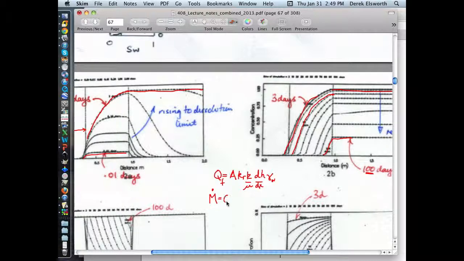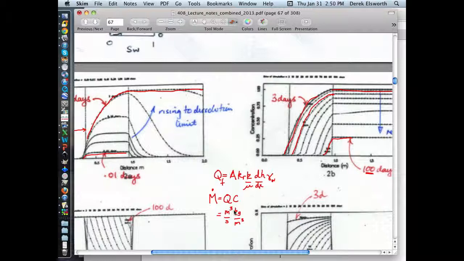And if you want to calculate the rate at which you would remove mass from this, it's going to be equal to the volumetric flow rate times the concentration, which is volume per unit time. Concentration is mass, usually milligrams, but just use kilograms per volume of water.